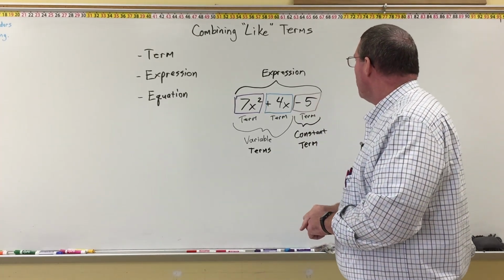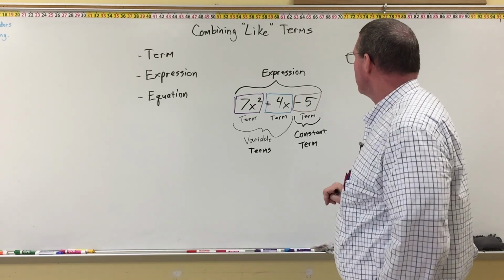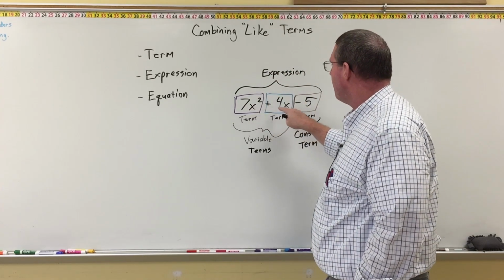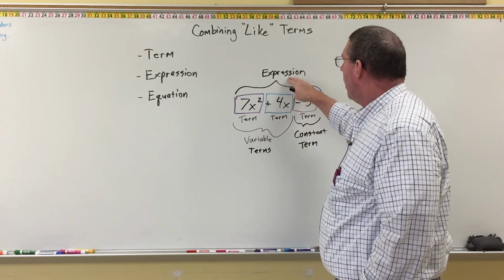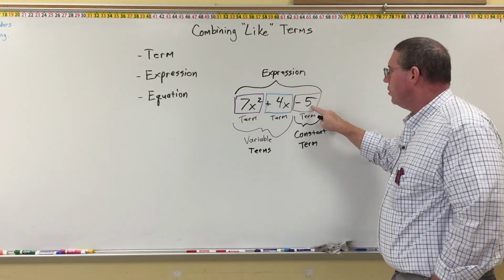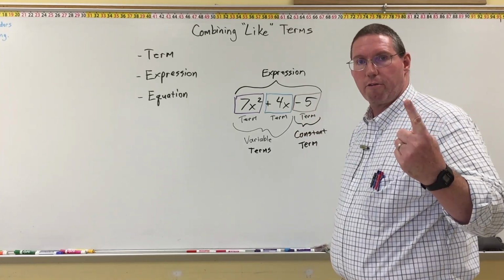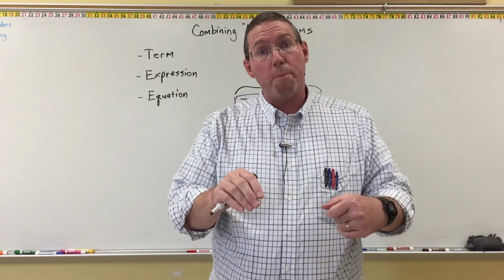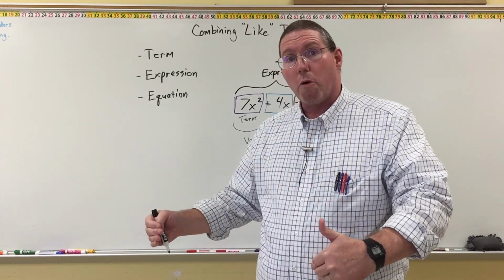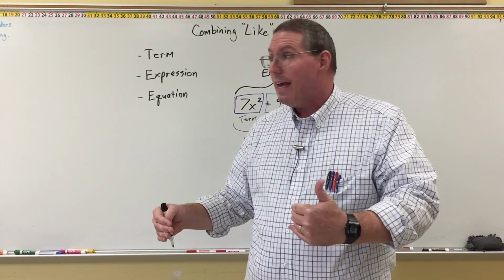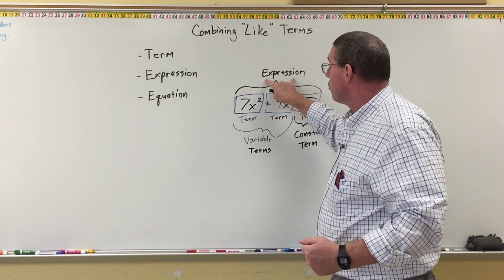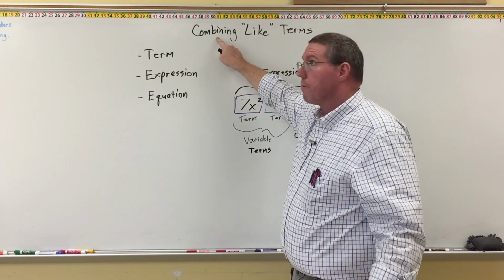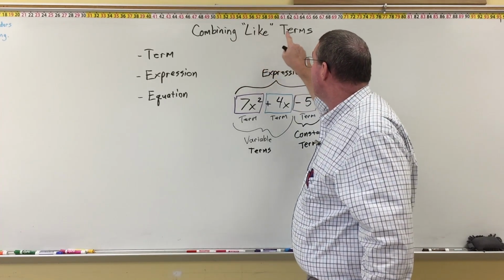Okay? And so, one of the things that we understand is that mathematical expressions can have any number of variable terms, but mathematical expressions usually only have one constant term. The reason they have one constant term is because if you were to put 3 or 4 constant terms into a mathematical expression, you would be able to combine them because all constant terms are like terms.